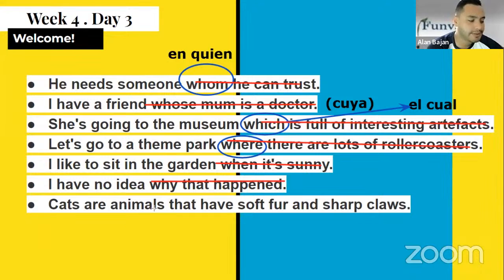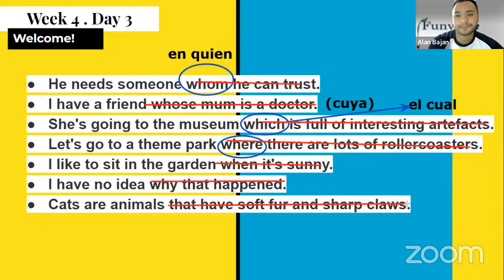Last one, cats are animals that have soft fur and sharp claws. So in this case, cats are animals. If I delete the defining clause, that's a simple, incomplete sentence.